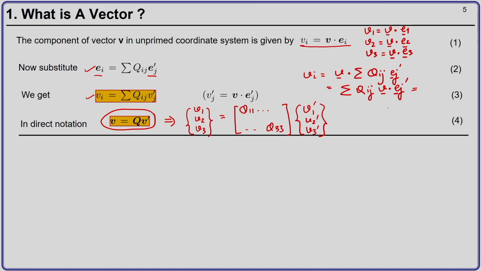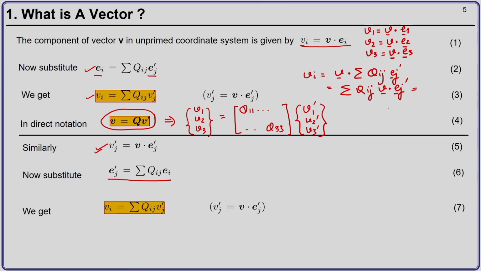Now, we want to find out the relation between v dash and v. So, to do that, we again can start with vj dash as v dot ej dash, and now we know ej dash is nothing but summation qij ei, and using the procedure that we just now discussed, you can show the relation between the components of the vector in the unprimed system and the primed system.